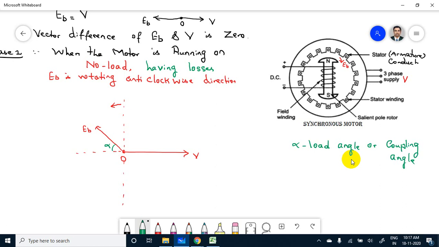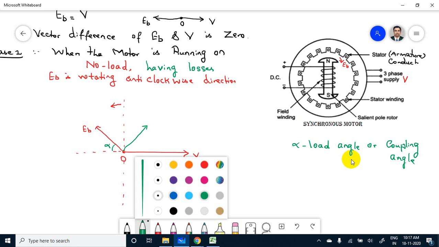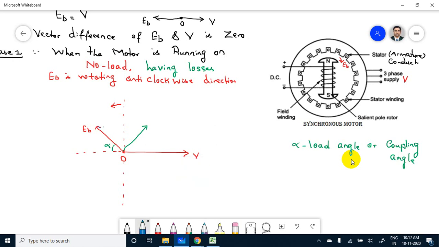And therefore a resultant EMF is also produced between this V and EB. A common resultant EMF will be produced. So this common resultant EMF we have to join by using a dotted line.